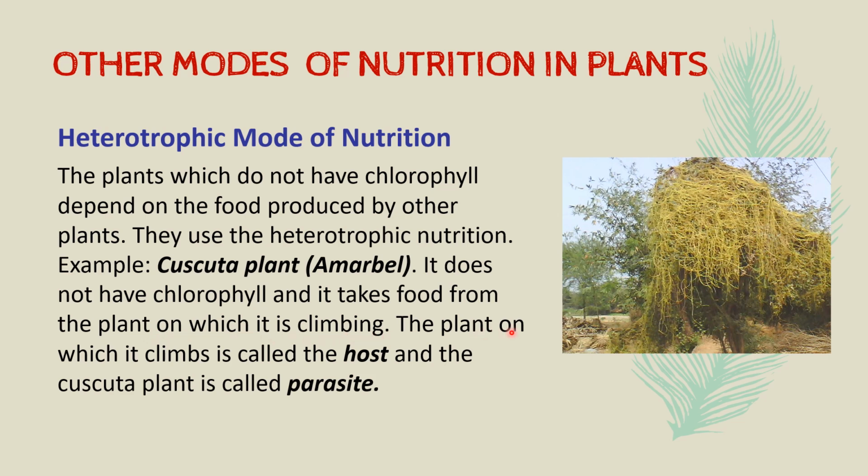The plant on which it climbs is called the host and the Cuscuta plant is called the parasite. So you studied two words here. Host is that tree; that tree gives food for that plant, so it is called host. And the Cuscuta plant takes the food from that tree, so the Cuscuta plant is called a parasite.